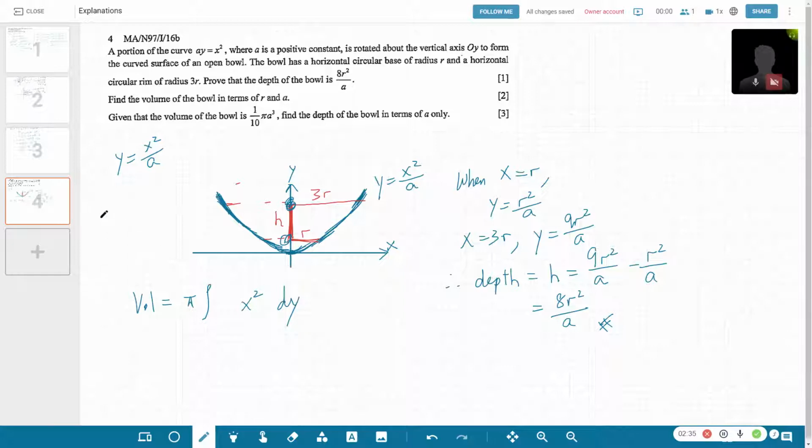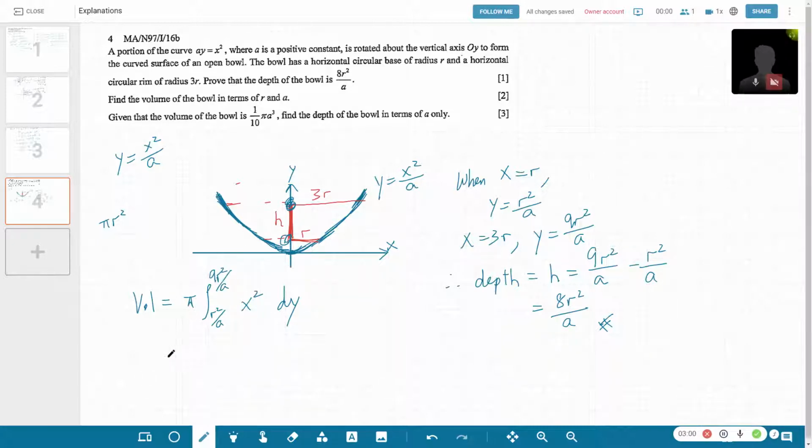Another way to understand is to remember pi r squared, because when we rotate, it's like a disc. The radius in this case is x, that's why it's pi x squared dy. Because it's dy, we need the limits. We already found the limits in the first part, so this is r squared over a and 9r squared over a.